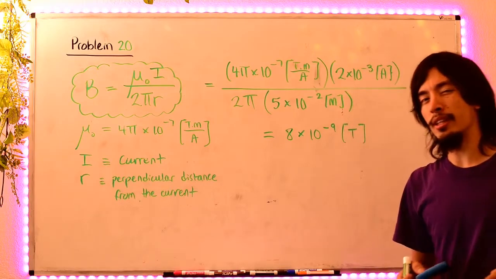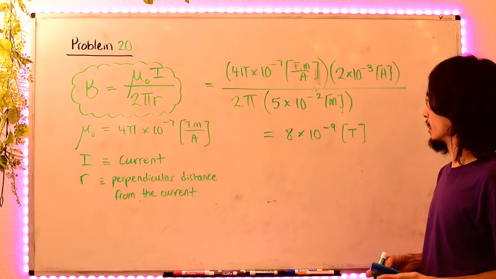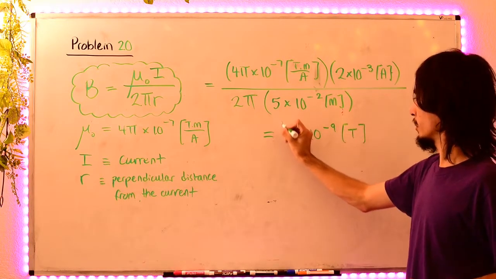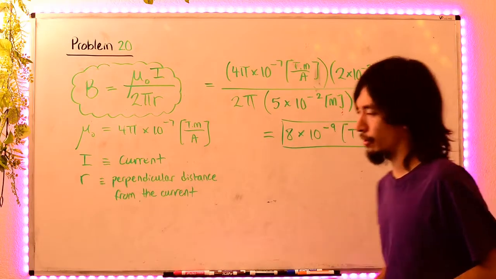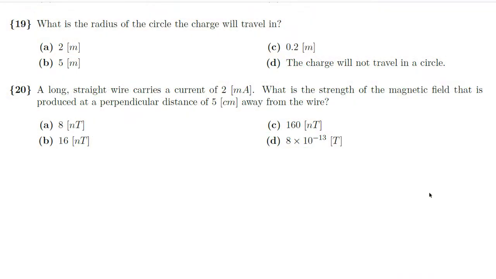I think it's possible that the answer choices are a little bit off here. You might find them to be a little bit off. If you actually look at this, the closest answer is 8 nanoteslas. So I think it's either I missed a 10 in here or the answer choice is off. It's one of the two, but plug in the numbers, see what you get.